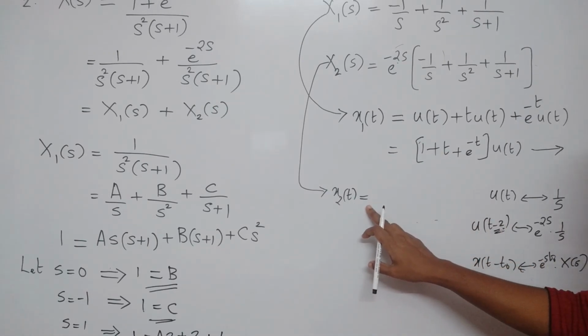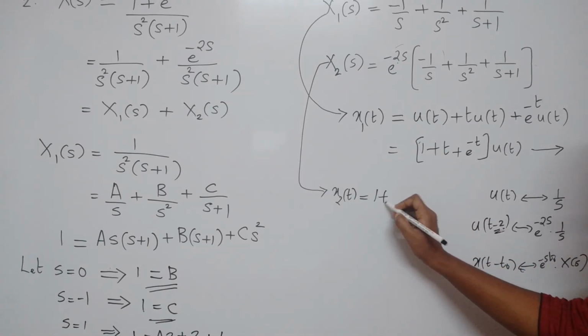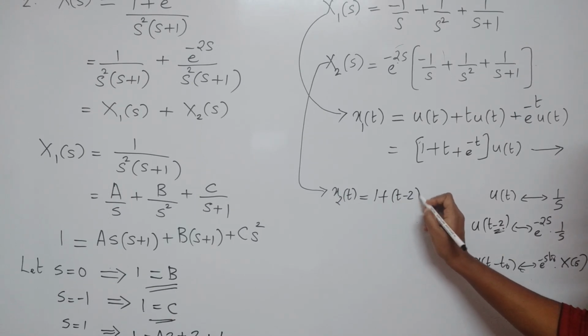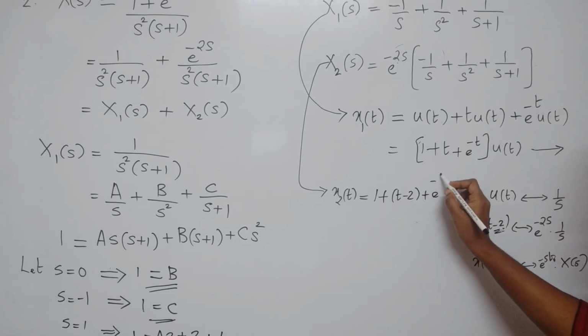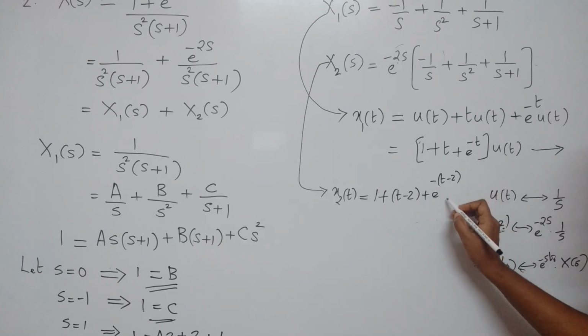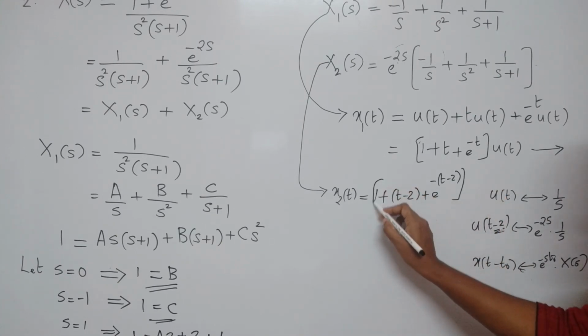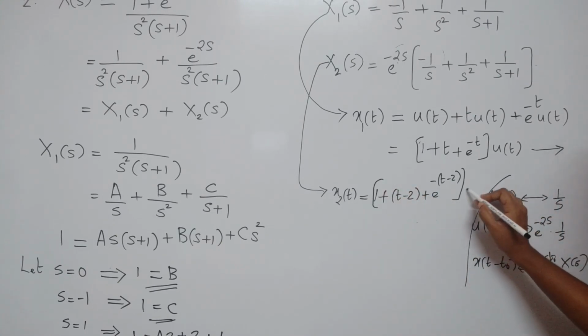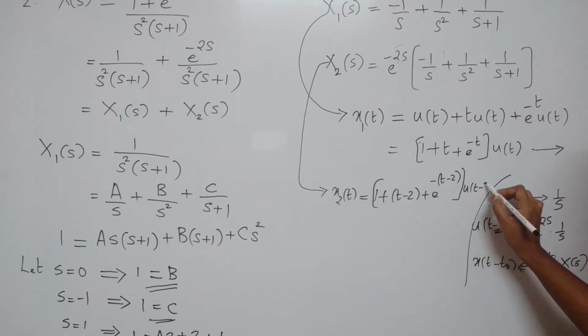So what will be X2 of t? It will be 1 plus t minus 2 plus e raised to minus of t minus 2 into u of t minus 2.